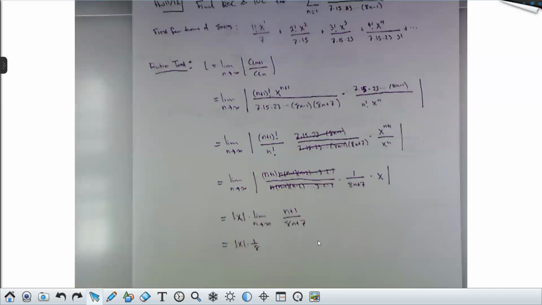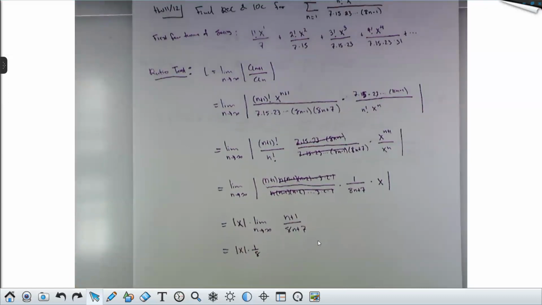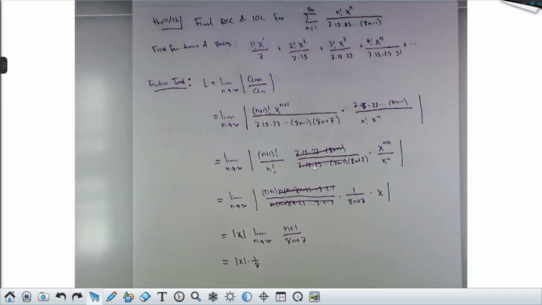So before I move on, and I will finish this, but before I move on, who's stronger, n factorial or this weird product downstairs? We said the n factorial wants to hurt the convergence. The product downstairs wants to help the convergence, and our ratio test limit came out to this. Before I make any deeper statements, can you tell me who wins?